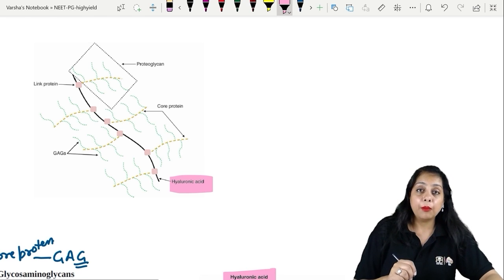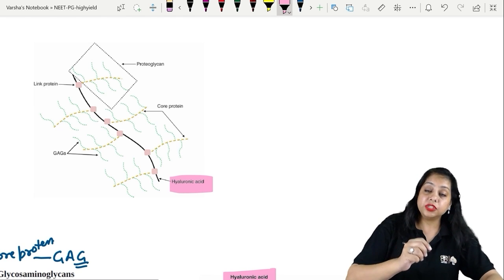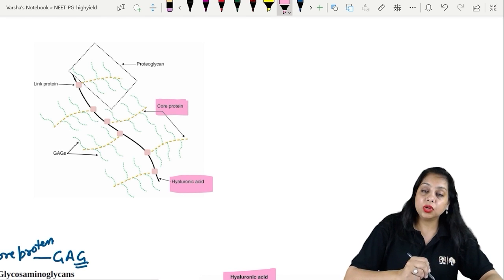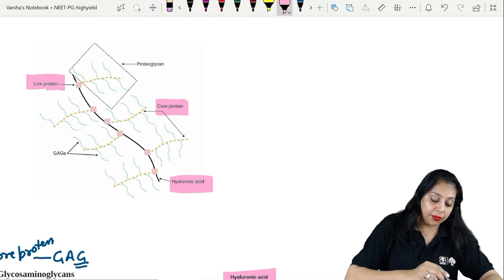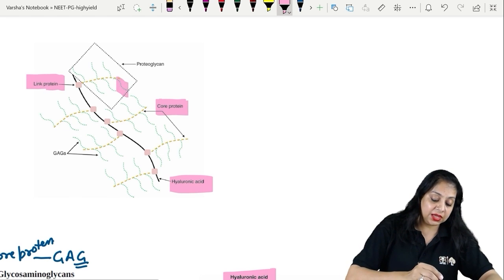That is a polysaccharide chain, a complex carb, which is attached to the core protein via the link protein. And the green ones are again different kinds of GAGs.